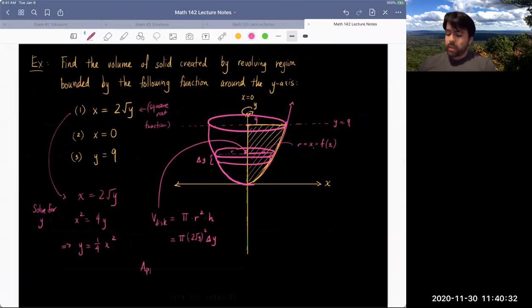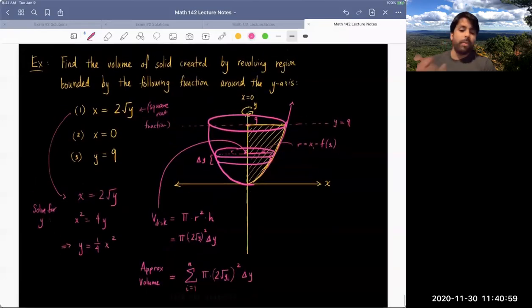So what would be the approximate volume? It's the sum, as i goes from 1 through n, of an arbitrary number of these horizontal disks. So this would be the sum of pi times 2 square root of y i squared, times change in y.